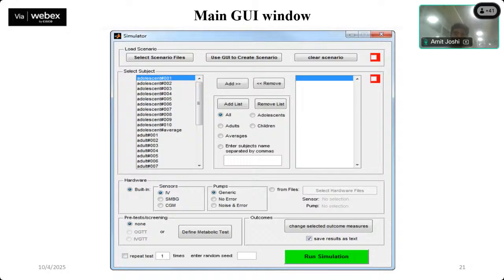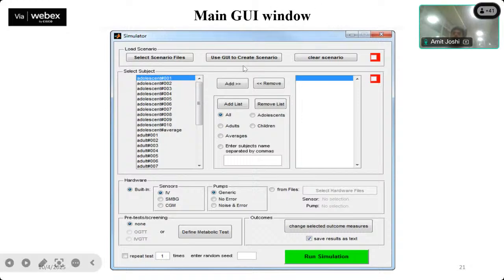Okay, so over here this simulator is a part of your MATLAB, and as I said, it requires some sort of license version. Okay, so here you have the simulator. Now in this simulator you can select different scenarios. There are inbuilt scenarios which are available, and you can select a particular scenario for your simulation.